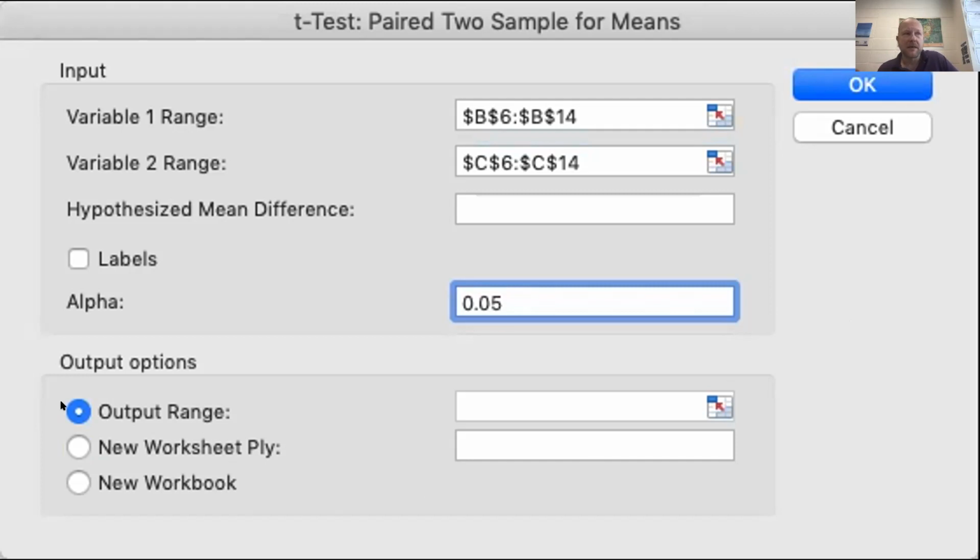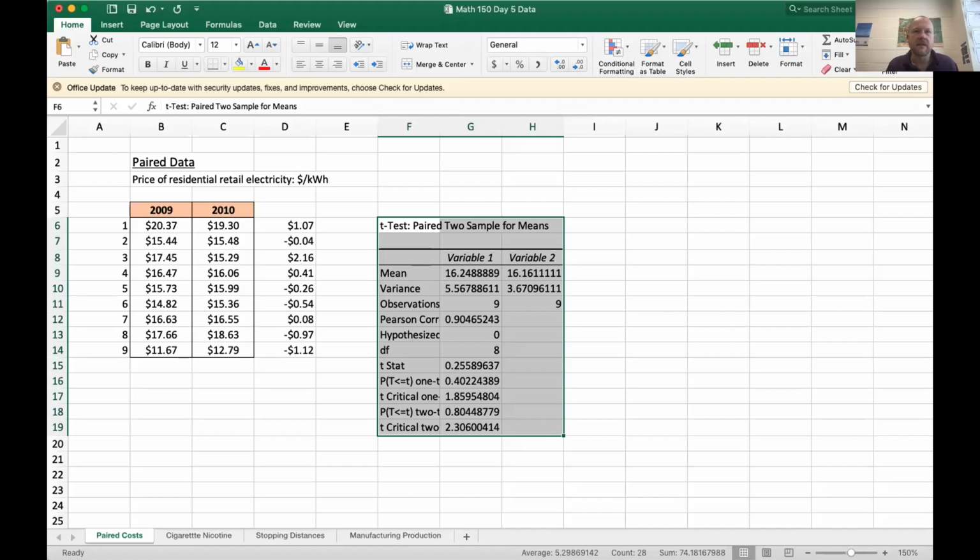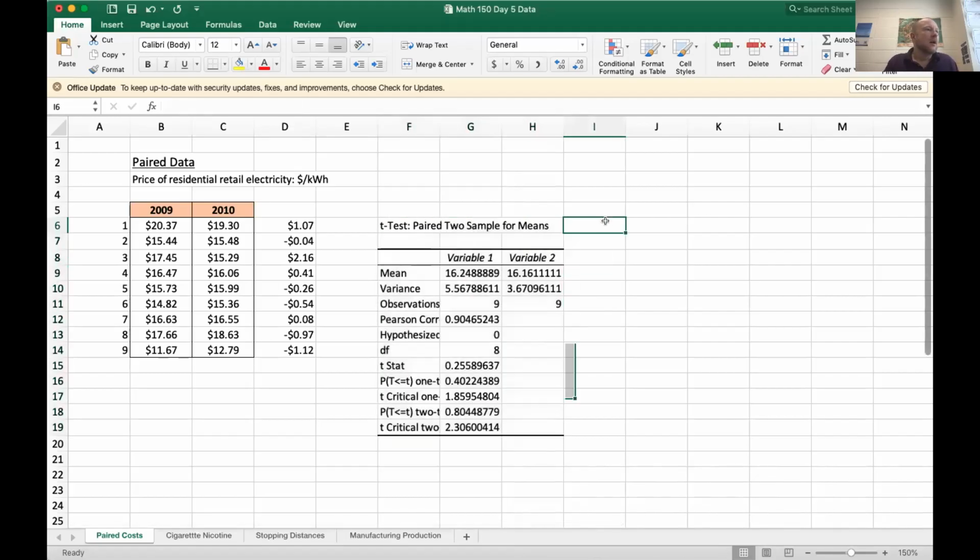If you are doing a medical application, often you'll need to do something like 0.01 because it's harder to get small numbers. All right, I'm going to tell it my output range here was F6, as I recall. I'll tell it that's okay, and it's probably going to dump us out. So I will go back and share screen over again. Okay. So the stuff that it dumped out here was the t-test paired two sample for means.